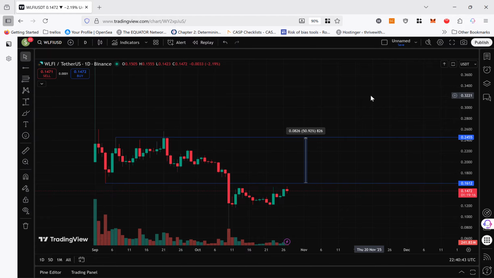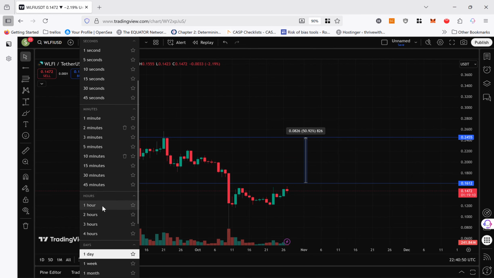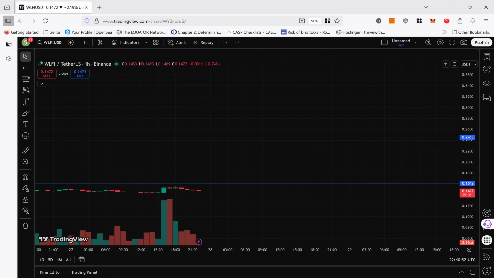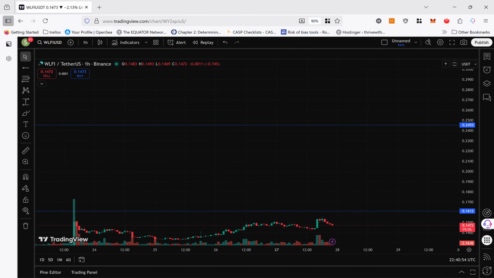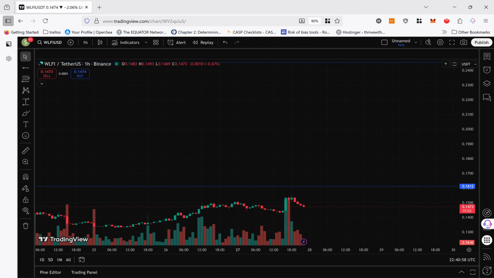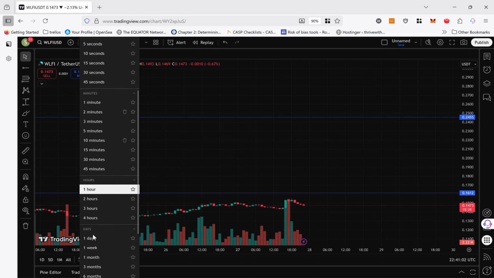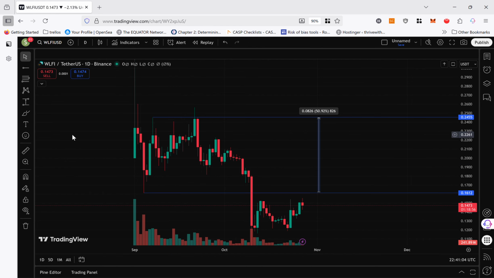Why do I need it? Because I am going to then switch to an hourly. I could actually stay in daily as well, but I think I want to check something in a minute. Okay, let's go back to daily because my screen is too small to accommodate for it. What do I want to look at?